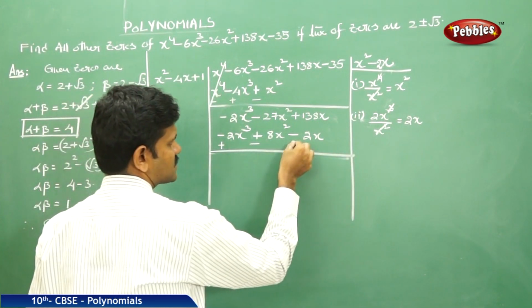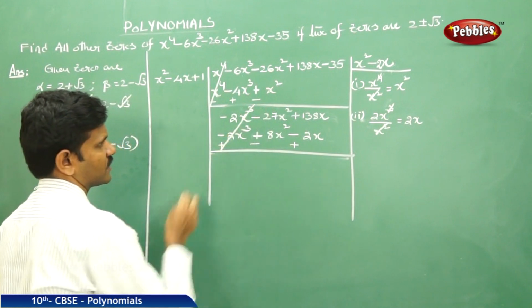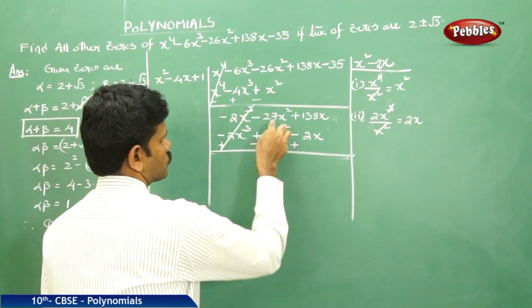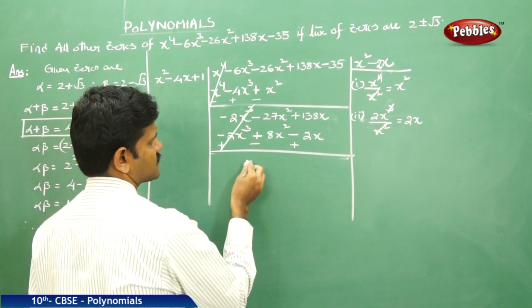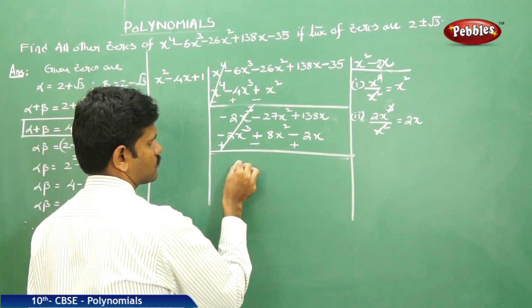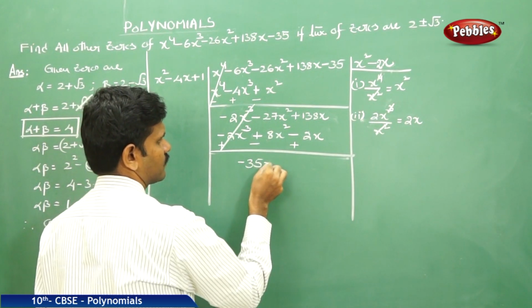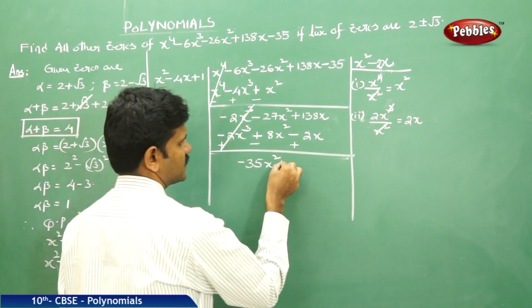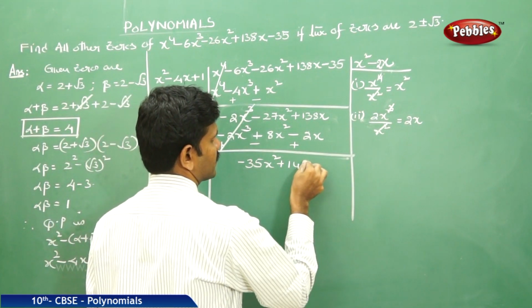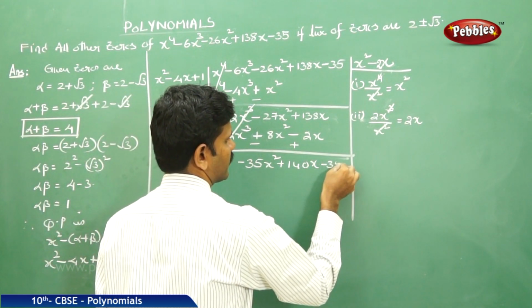Plus minus plus cancel. Minus 27 minus 8 is minus 35x square, plus 140x minus 35.